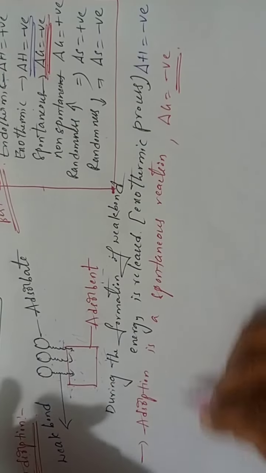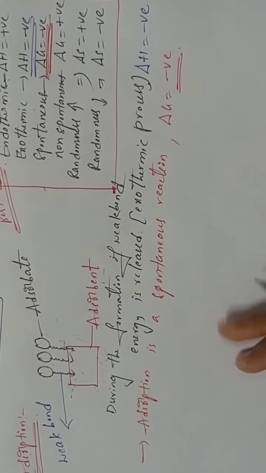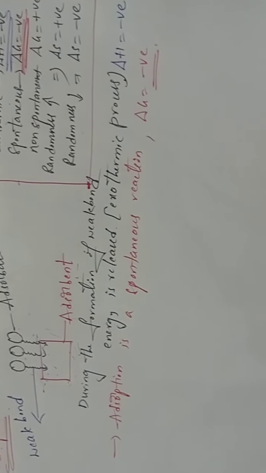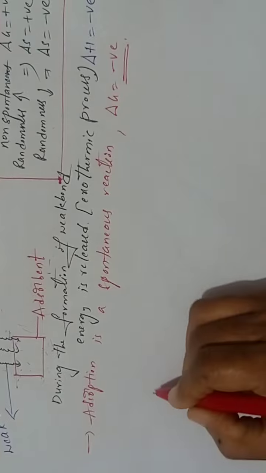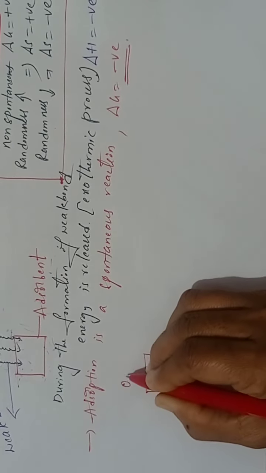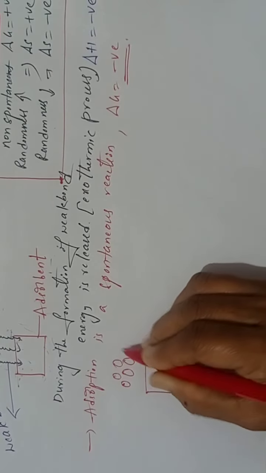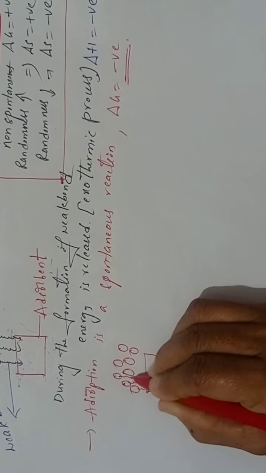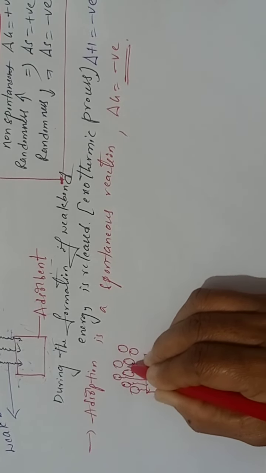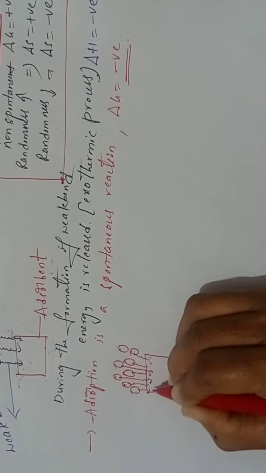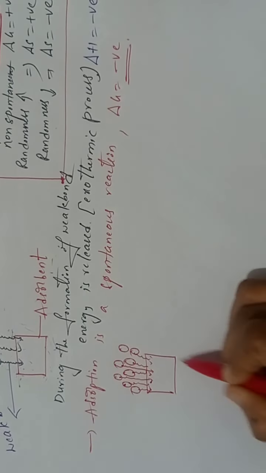Now see, students, in the case of entropy, this is the surface of the solid. Listen, this is the surface of the solid. Here these are all adsorbate molecules, and these are all forming the bond with the adsorbent.